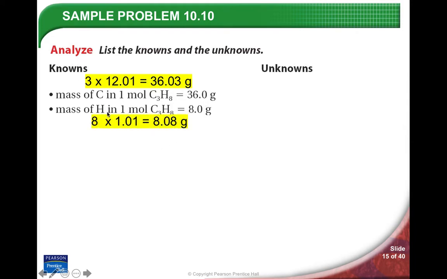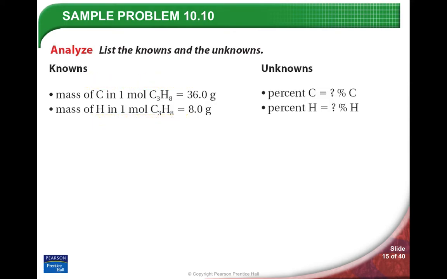Hydrogen is really 1.01 grams per mole, but again, this isn't going to affect our results all that much. So 8 and 36 is perfectly fine. They're asking for the percent, so the first thing you've got to do is add these two values up and get the molar mass of propane, which is 44.0, as they've recorded it.